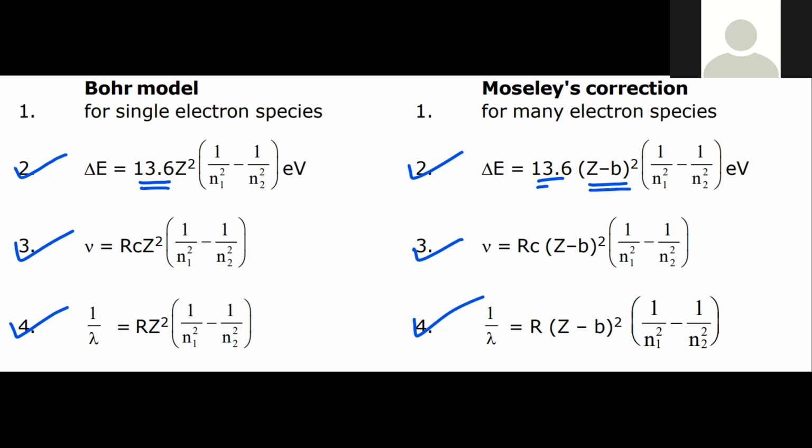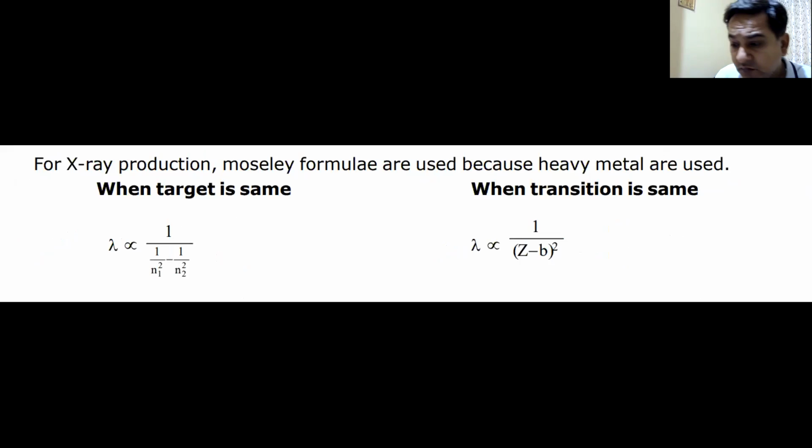Done, sir. Then we can have a shortcut, and this is the shortcut that you will have to understand and remember. If the target is the same, the R C Z square term is the same, so lambda is inversely proportional to 1 by n1 square minus 1 by n2 square.